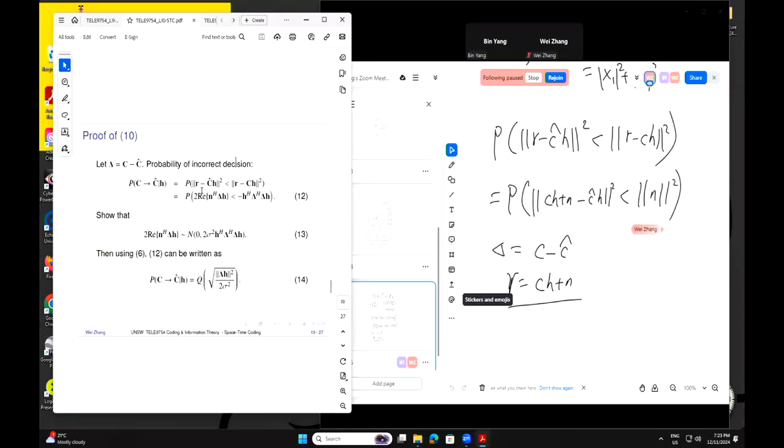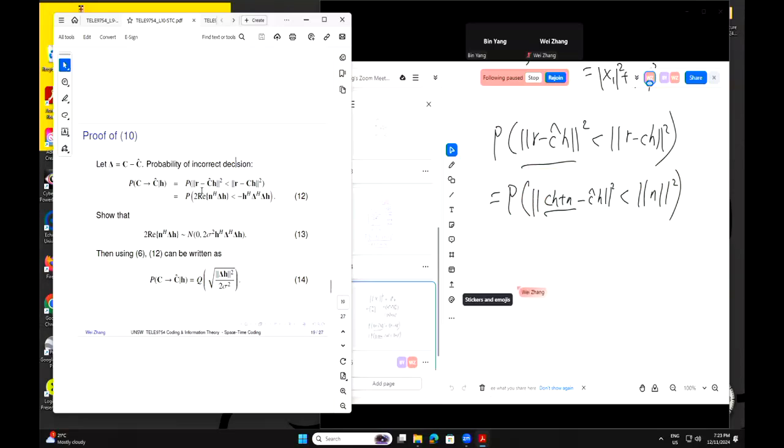Can you follow me here? CH plus noise is R. R minus C hat H is the left-hand side. Right-hand side is N.